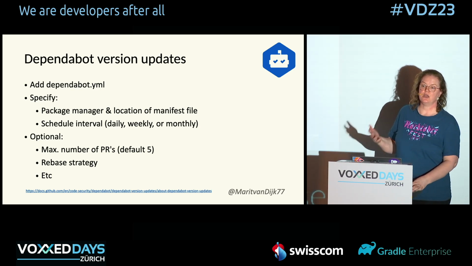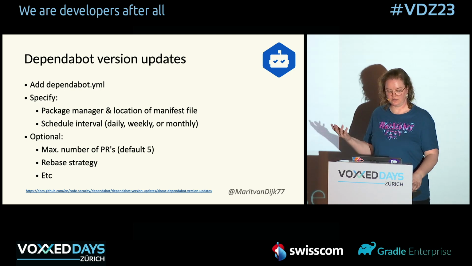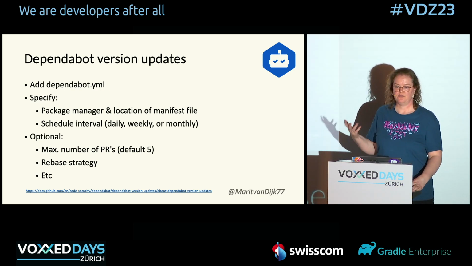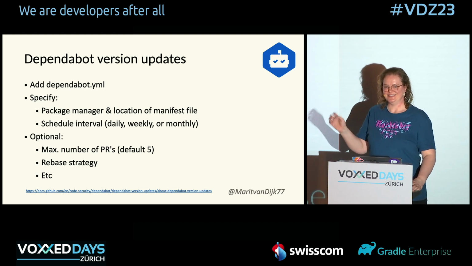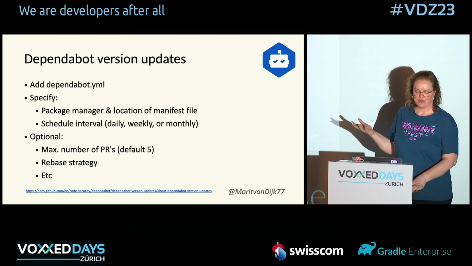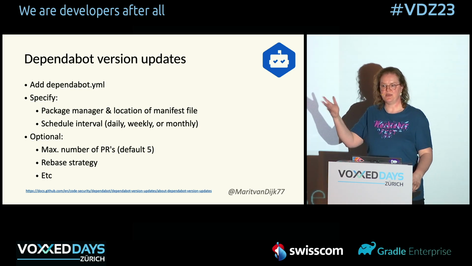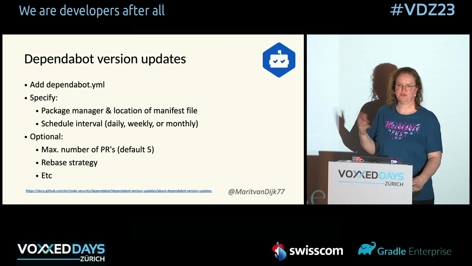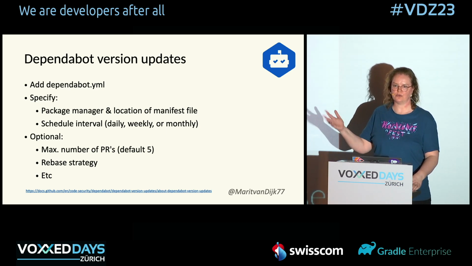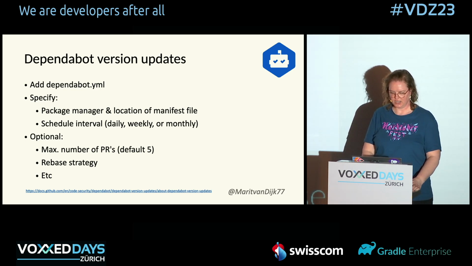And you can optionally also configure the maximum number of PRs, which is a default of 5, if you don't want to get spammed by too many PRs if you're a little bit behind on your updating. And you can also define a rebase strategy, so whether or not it should automatically rebase the PRs, which might matter in terms of costs or run cycles that you have on your CI system. And there's a little bit more that you can provide.